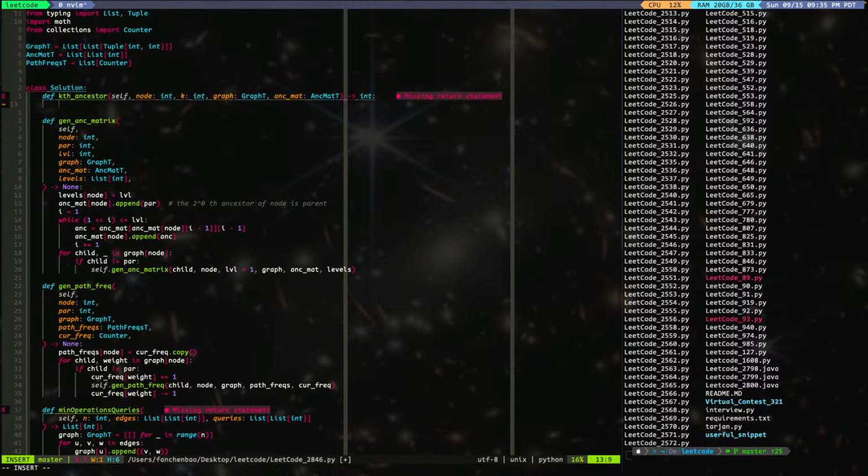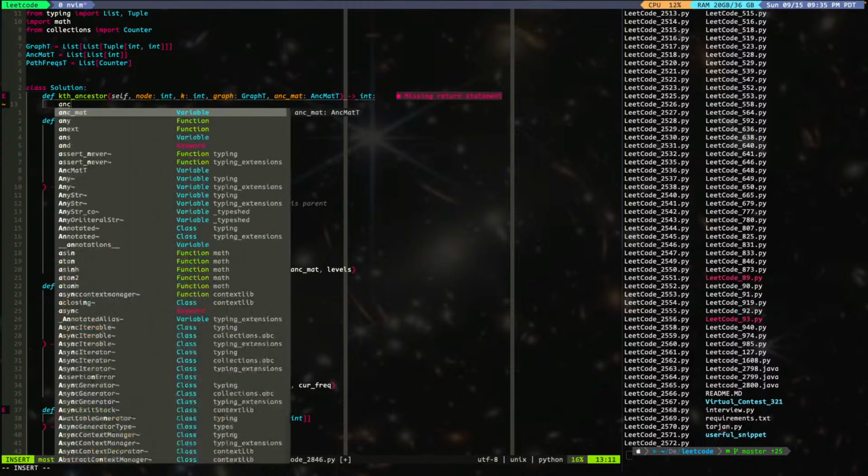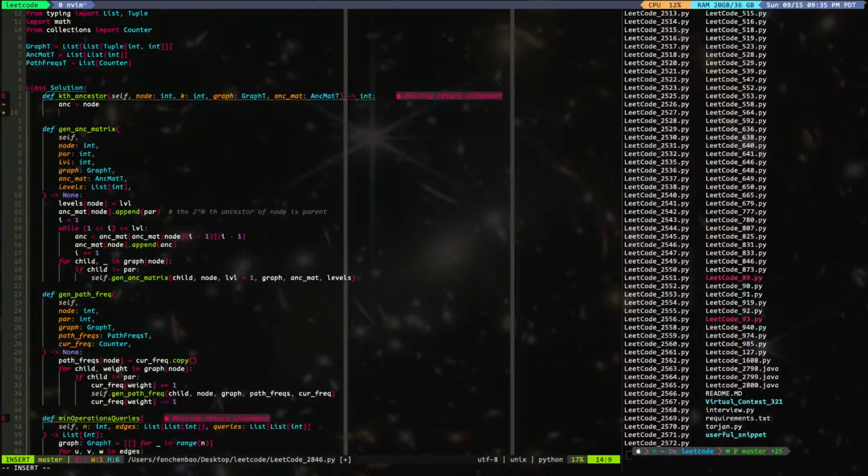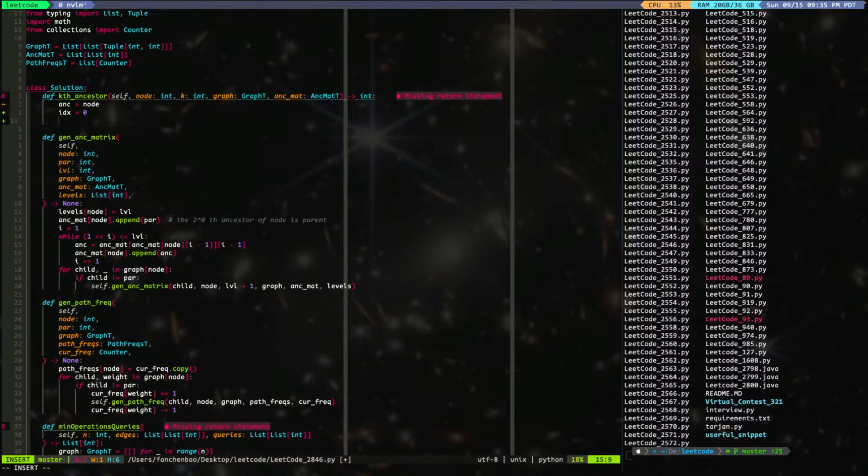Shall we do rest? All right. Okay, so ancestor equal to node itself, and then we have a k, right? And then we need index equal to 0. Let's start, and we need to shift k to the right.